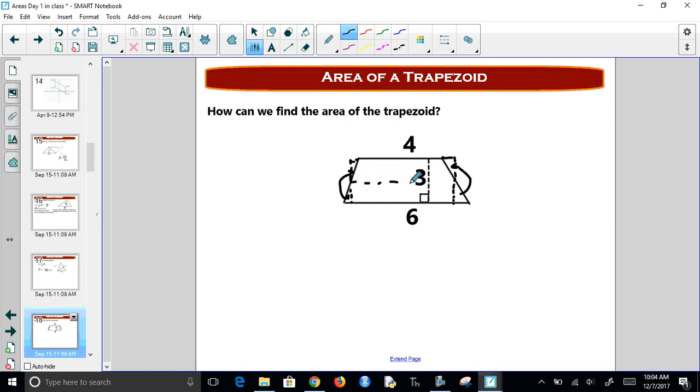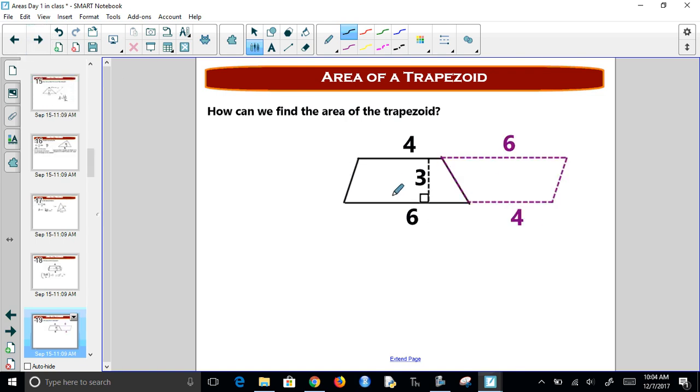Now we just need to find that distance in the middle. That distance in the middle is called the mid-segment of a trapezoid, which is just the middle of those numbers. So 4 plus 6 divided by 2, and then we multiply it by the height of that trapezoid, 3. So 10 divided by 2 is 5 times 3, that's 15 square units.